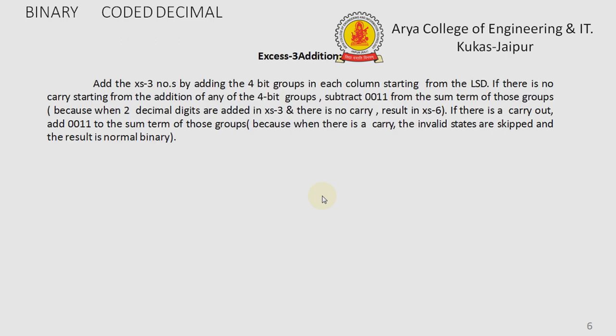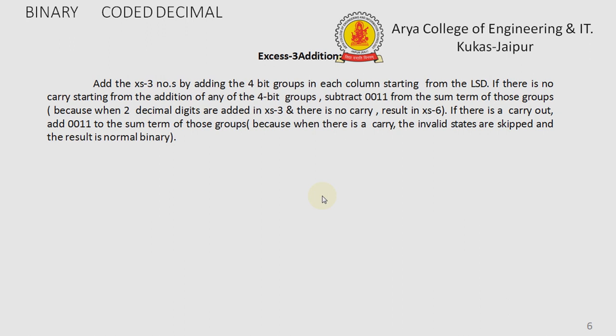Now the XS3 addition. In XS3 addition, we add the numbers in excess 3 form by adding the 4-bit group in each column, starting from the LSD. If there is no carry from the addition of any 4-bit group, subtract 0011 from the sum term of that group, because when two decimal digits are added in XS3 and there is no carry, the result is in XS6.